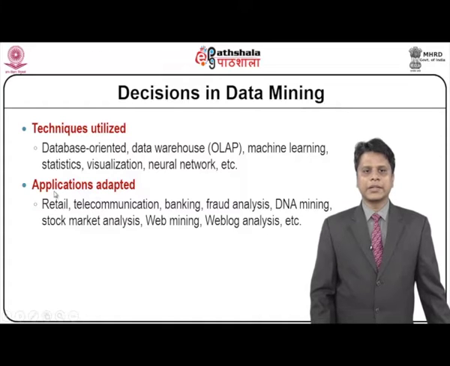Further, the different applications to which we can adapt this data mining model are the retail industry, telecommunication, banking, fraud analysis, DNA mining, stock market analysis, web mining, web log analysis, etc.